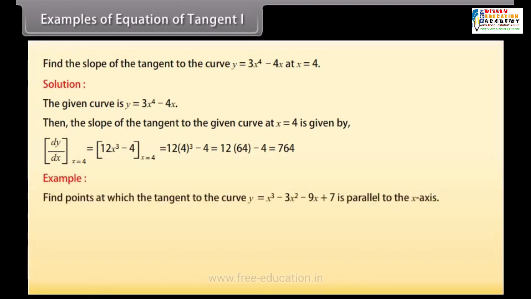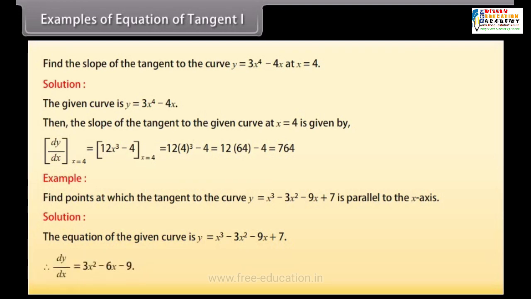Example. Find points at which the tangent to the curve y is equal to x cube minus 3x square minus 9x plus 7 is parallel to the x-axis. Solution. The equation of the given curve is y is equal to x cube minus 3x square minus 9x plus 7.